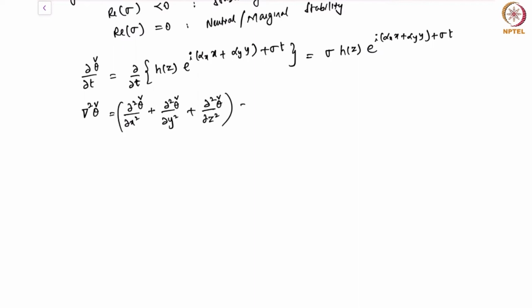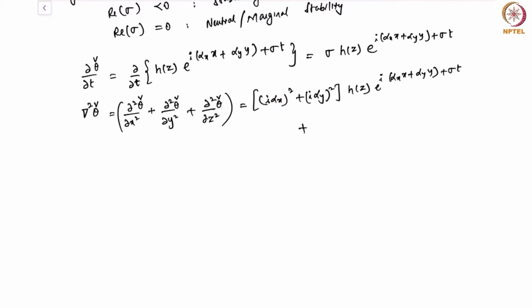Now, del square by del x square essentially gives us (i alpha x) whole square, and del square by del y square becomes (i alpha y) whole square. Common to both of them is h of z e power i (alpha x x plus alpha y y) plus sigma t.